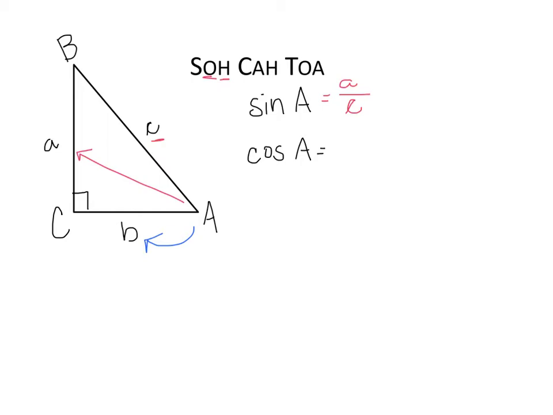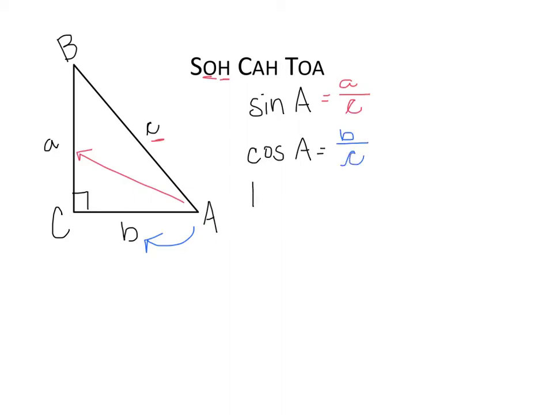The adjacent side is always the side of the triangle that creates the angle that is not the hypotenuse. So the side adjacent to A is B, and again the hypotenuse is C.